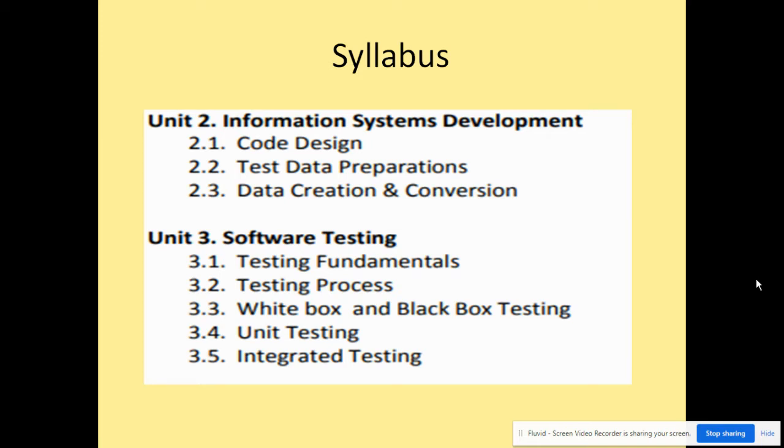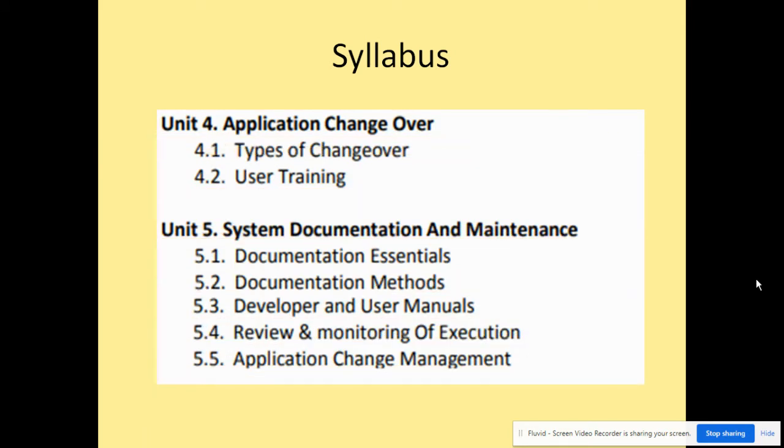The third unit consists of software testing, where we will discuss the different types of testing, its methods and types. Unit 4 consists of application changeover. Unit 5 is related to documentation. So these are the 5 different units that we are going to cover in this subject.